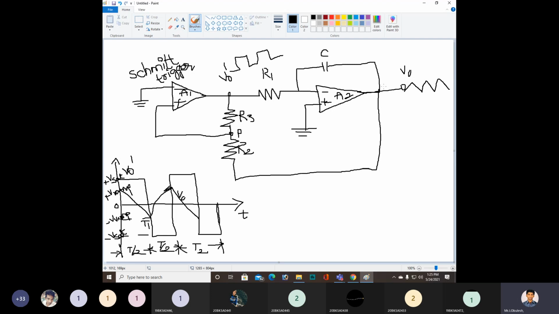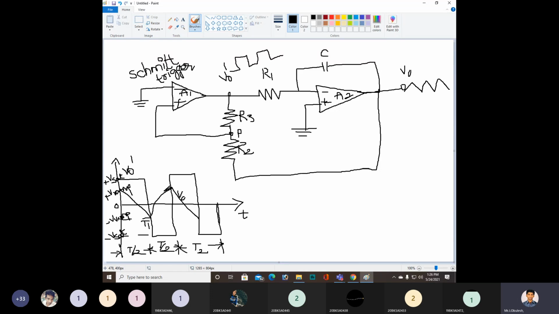Thus, one end of voltage divider R2 R3 is at positive saturation V sat of A1 and the other is the negative going ramp of A2.